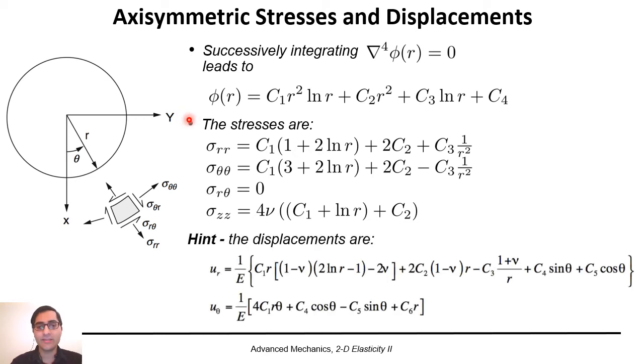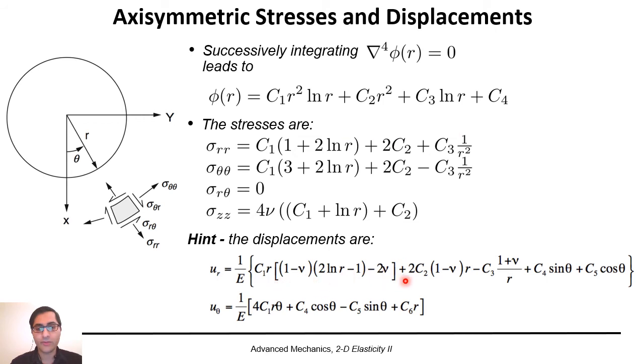And just as a hint, know that for the displacement, we can have displacement along the radius U_r and displacement along the tangent direction U theta from these two relations. Note that as a result of integration from strain to displacement, we are going to have a few more constants besides C1, C2, C3, and C4.